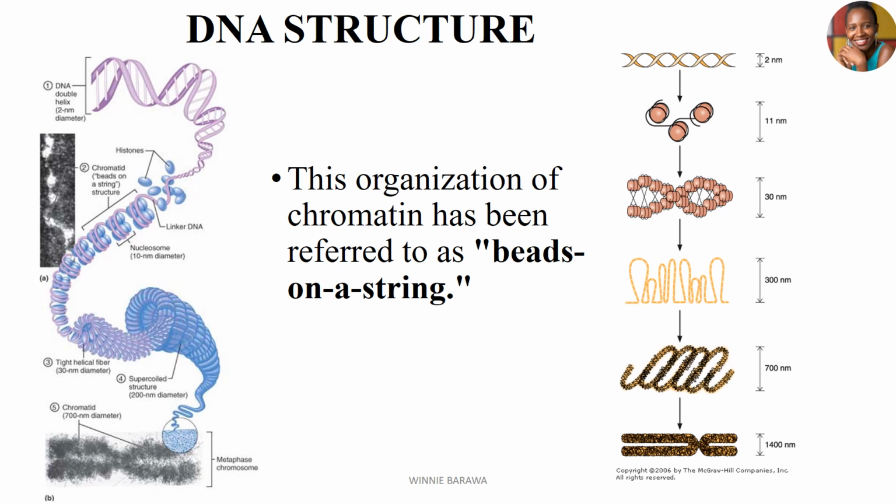Yes, it looks interesting, right? So the organization of our chromatin is in such a way that it looks like beads attached on a string. Some books describe it as beads on a string. So let's recall this diagram: the DNA normally coils and condenses to give us the chromosome, and so we have our chromosome here.